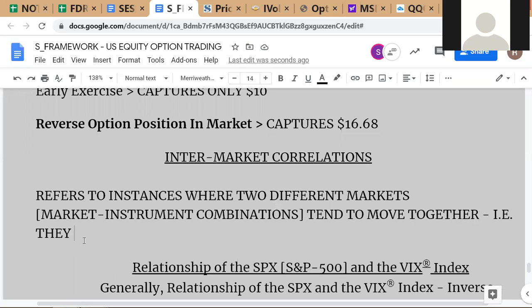High correlation. Good, very good. So they exhibit high correlation.